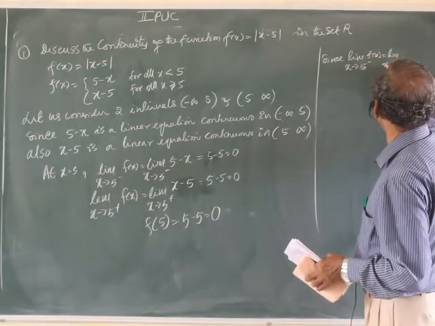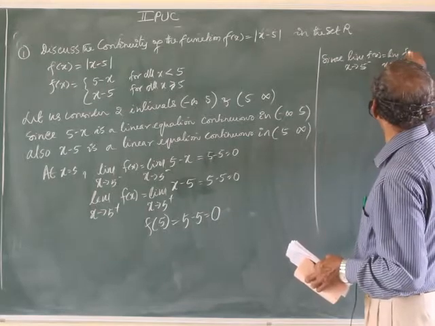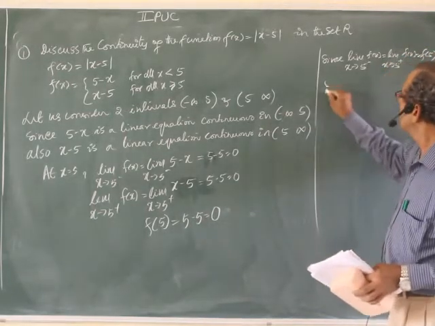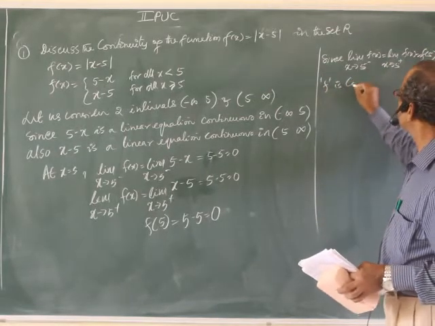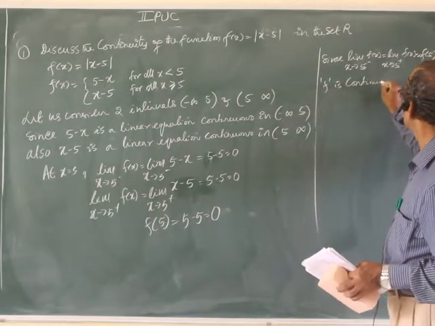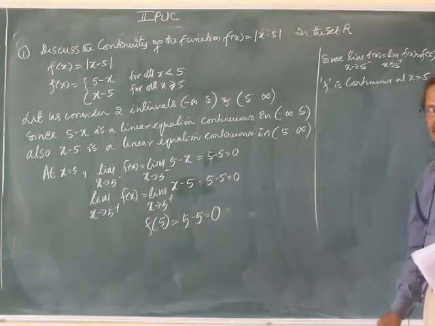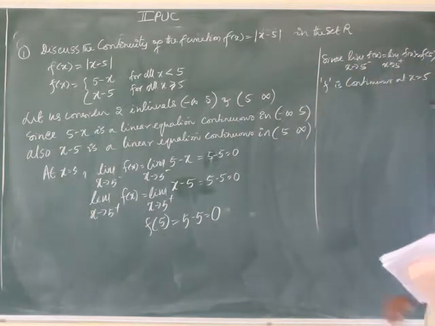Since limit x tending to 5 minus f of x equals limit x tending to 5 plus f of x equals f of 5, f is continuous at x equal to 5. So it is continuous everywhere.